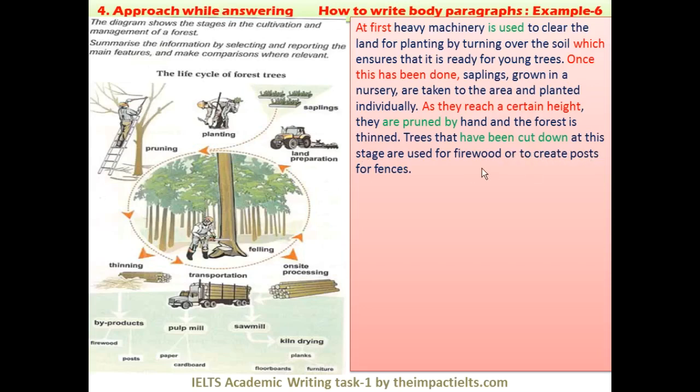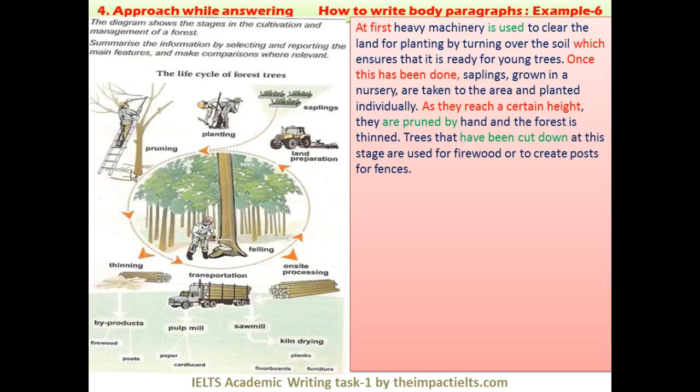And these stays are used for firewood or to create posts for fences. At this stage, you can see the arrow that this kind of product at this stage is used for firewood or posts. I mean, this is the part that has been cut off from this. The pruned wood can be used for firewood or posts, right?